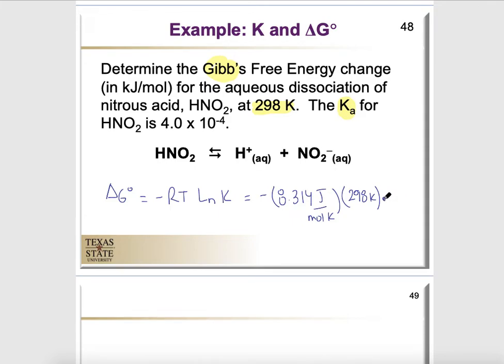I'm going to put multiplication times ln of K, which is 4.0 times 10 to the minus 4. And once you plug that in, you should get delta G0 is equal to, let's see, I got 1.938 times 10 to the 4, and the units were joules per mole.